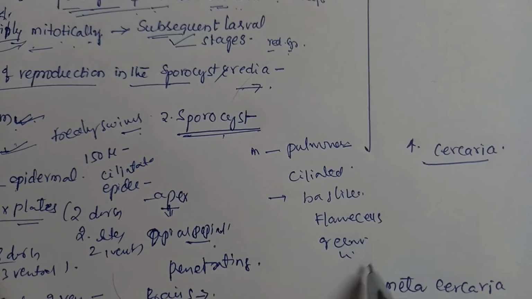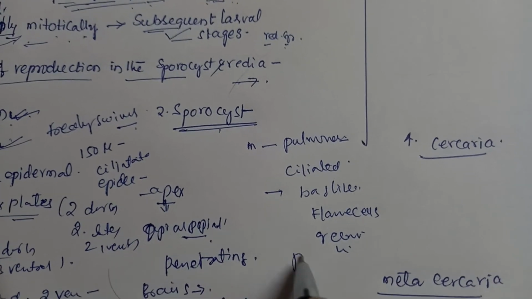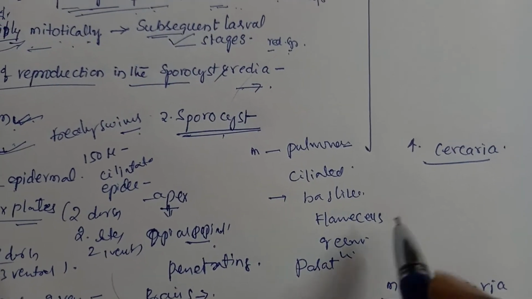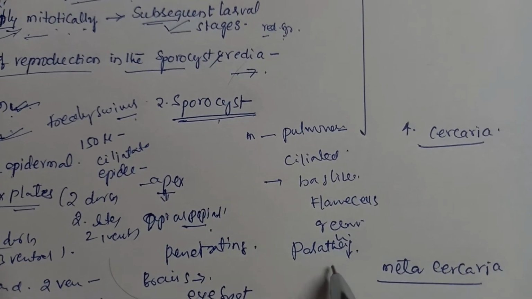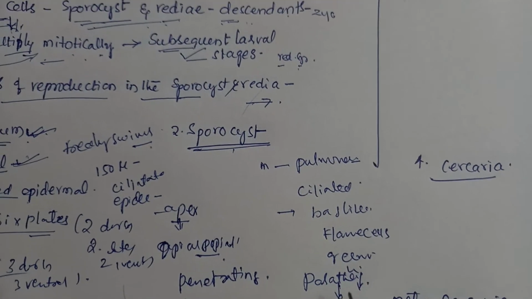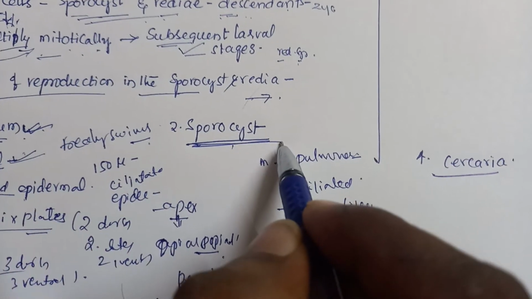These germ cells, by parthenogenesis, give rise to the next larval stage. So the second stage is the sporocyst.